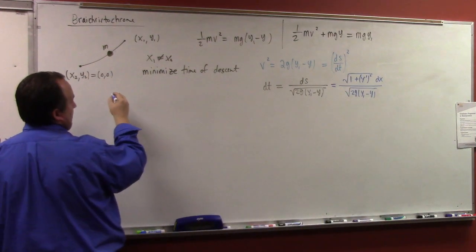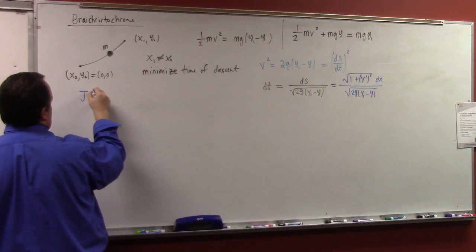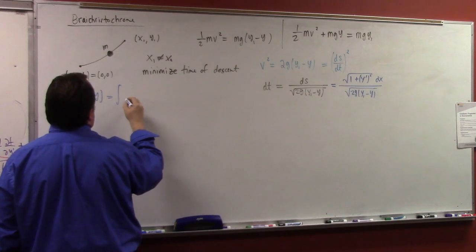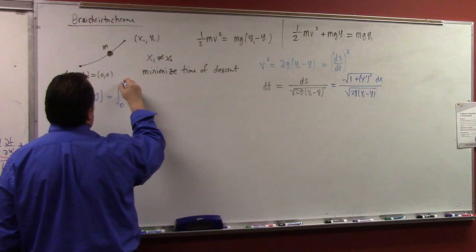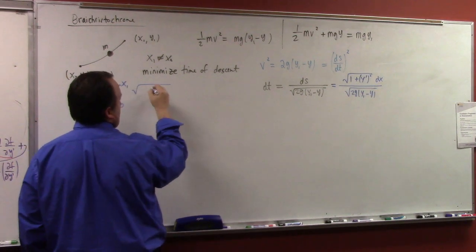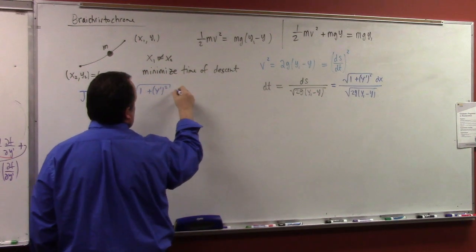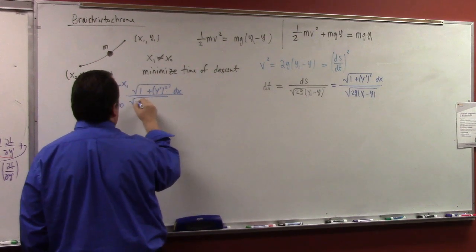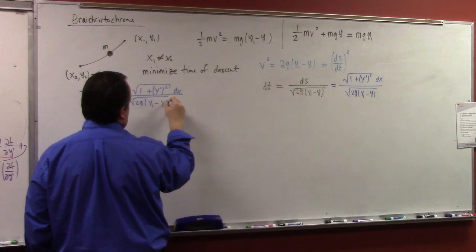What we're interested in then is our action, if you will, J of y. It's the integral from 0 to x1 of the square root of 1 plus y prime squared dx over the square root of 2g(y1 minus y).